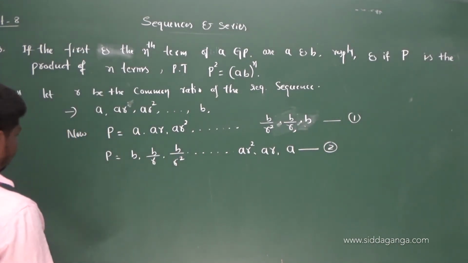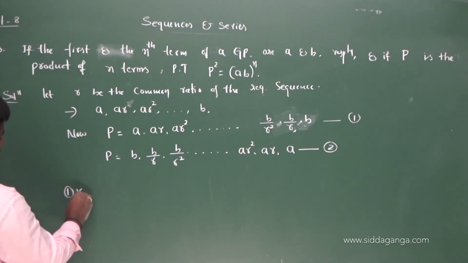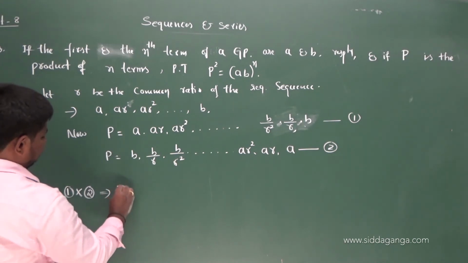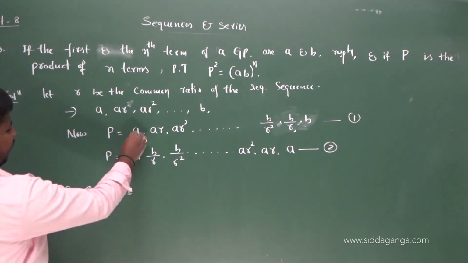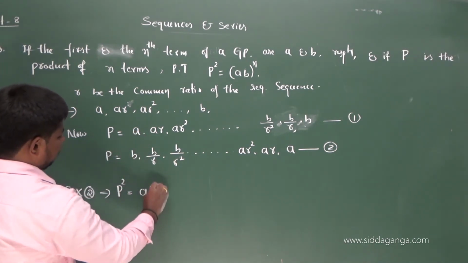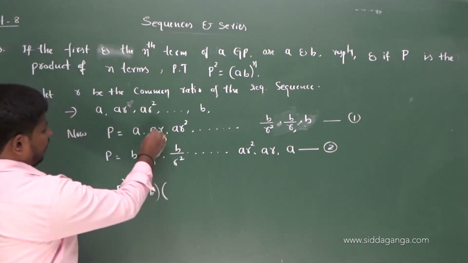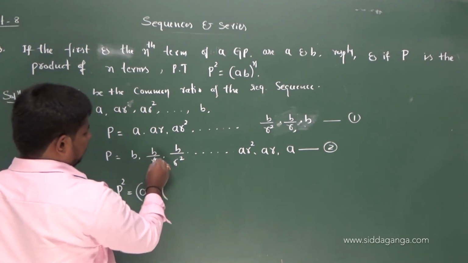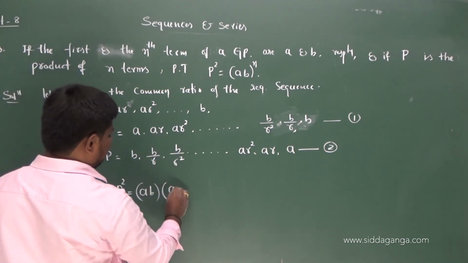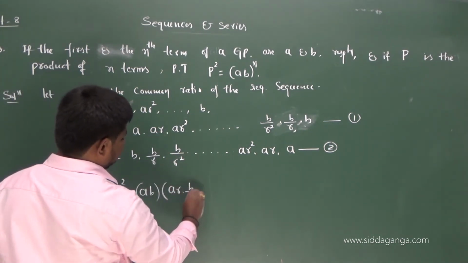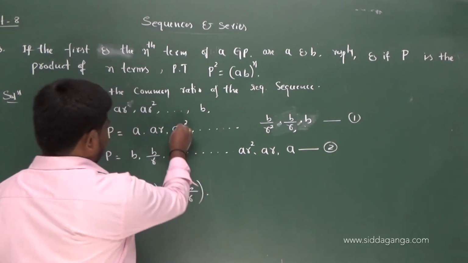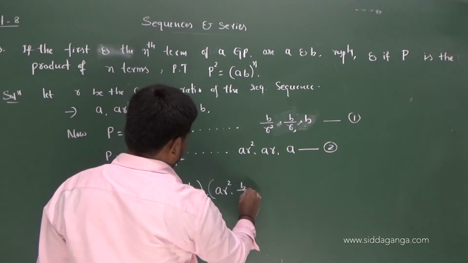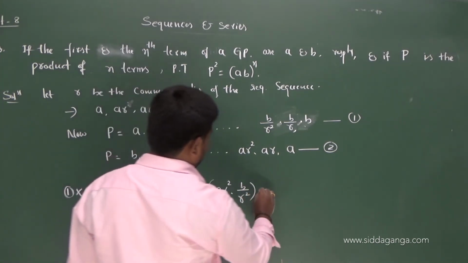Now I am going to multiply 1 by 2, which gives P into P, that is P square. Now A into B, then I multiply the corresponding terms: AR into B by R, then AR square into B by R square, and so on.